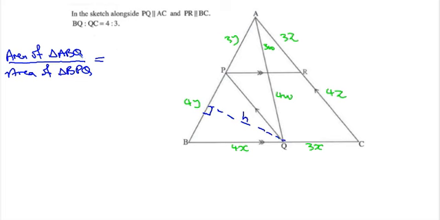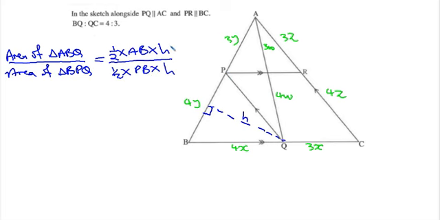So we can say the triangle for ABQ is half times the base there is AB, right? And multiplied by the perpendicular height all over the smaller triangle is half times the base for the smaller triangle is PB times the perpendicular height there.